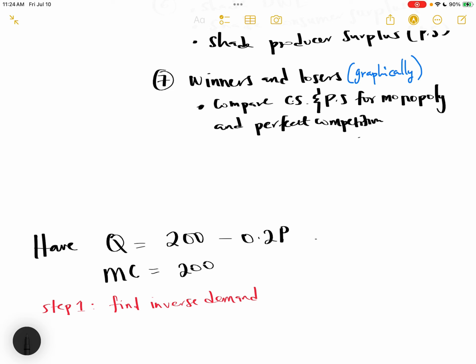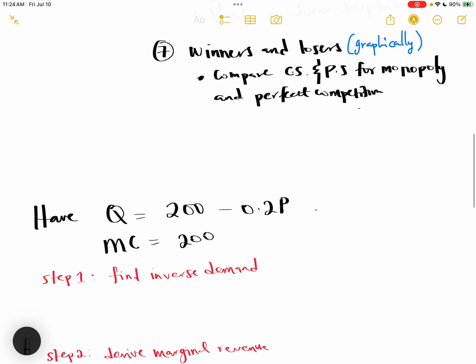Okay, so we need to find the inverse demand, and here is how we go about it. To find the inverse demand, you just make P the subject, right? So you're going to write 200 minus Q, and take or add 0.2p to both sides. So that's my 0.2p.